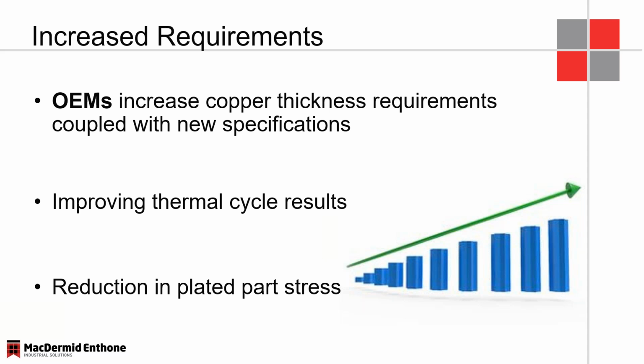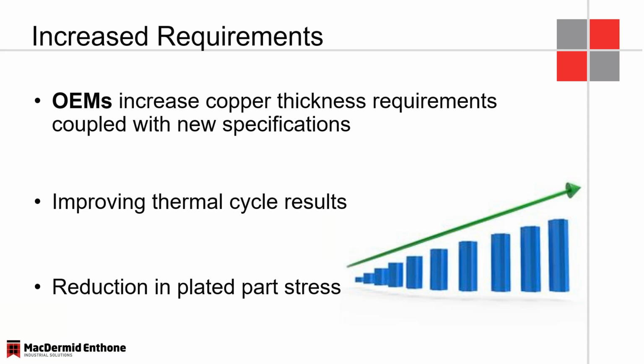So at the OEM level, the copper thickness requirements have increased, and I speak specifically here about automotive OEMs. There are new specifications out there that are requiring more rigorous testing, extra thermal cycles, for example, to be able to be a true representation of how these parts are going to perform in the field.